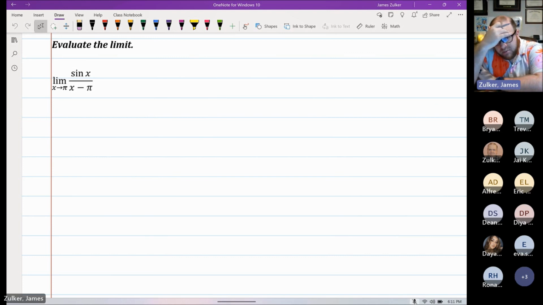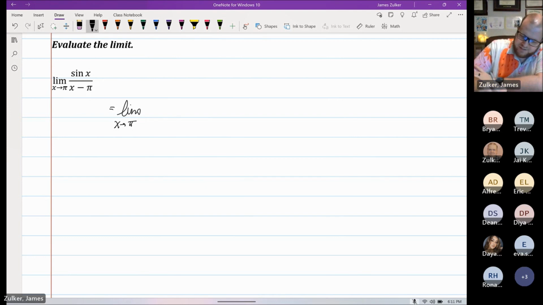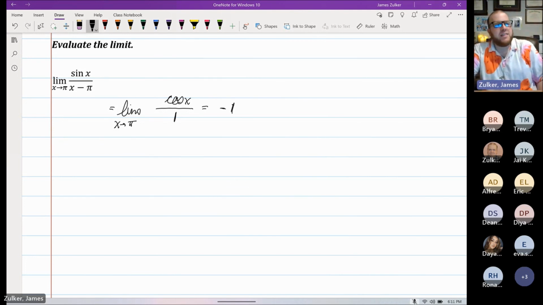So L'Hopital's rule applies. And what it tells us is our new limit now is the derivative of the numerator function, so derivative of sine, divided by the derivative of the denominator function, which is 1. If we plug in pi now, we get a limit of -1. So there's our limit.